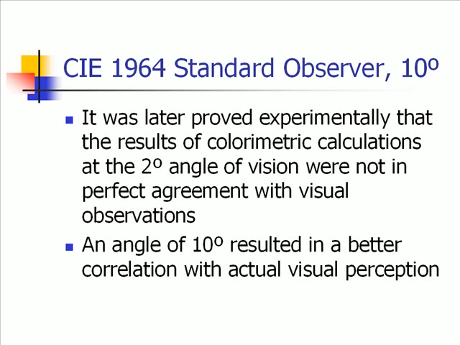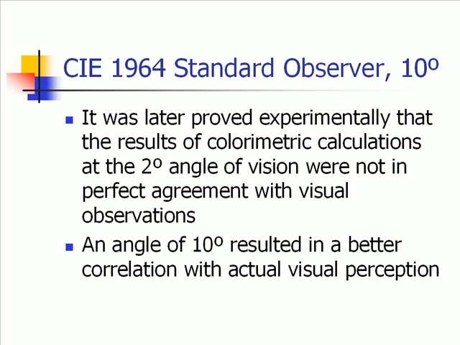So when we model it using the 10-degree observer, it gives us better data than if we model it with the 2-degree observer. Again, we're trying to model what's actually happening in our eyes and our brains with numbers. So we're trying to match that. This 10-degree observer matched better than the 2-degree observer did.